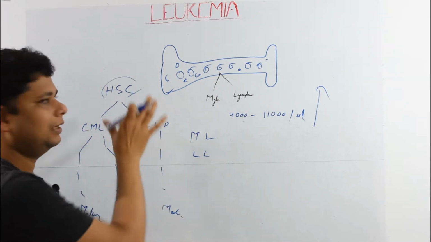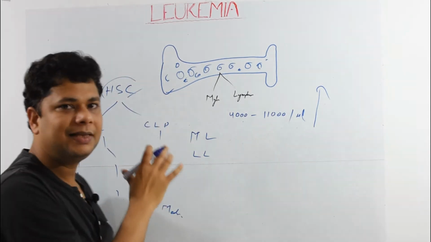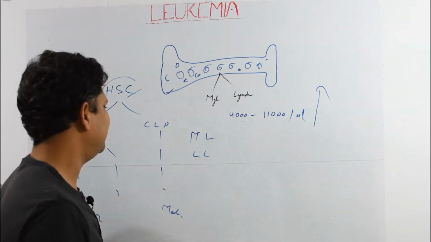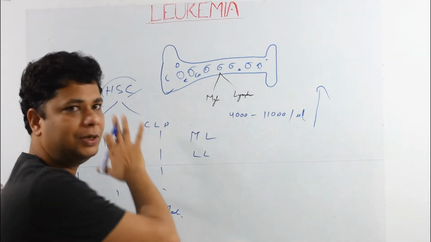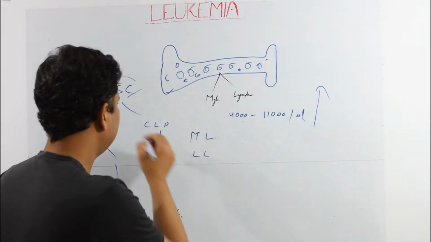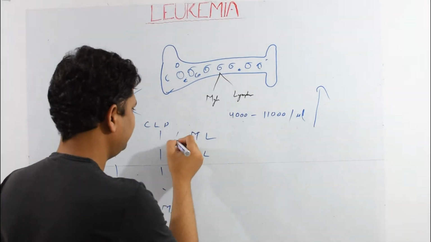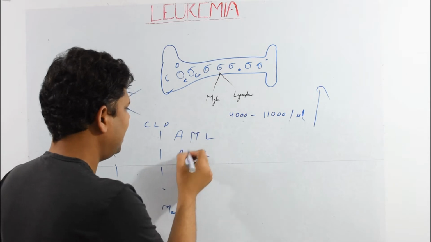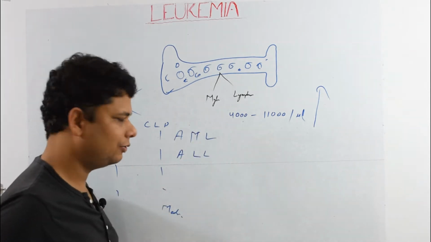And if the leukemia happens in early stage cells, these are very highly dividing cells. So they will grow very fast, and there will be no controlled growth. So if it is early stage, that will be acute, either acute myeloid leukemia or acute lymphoid leukemia.